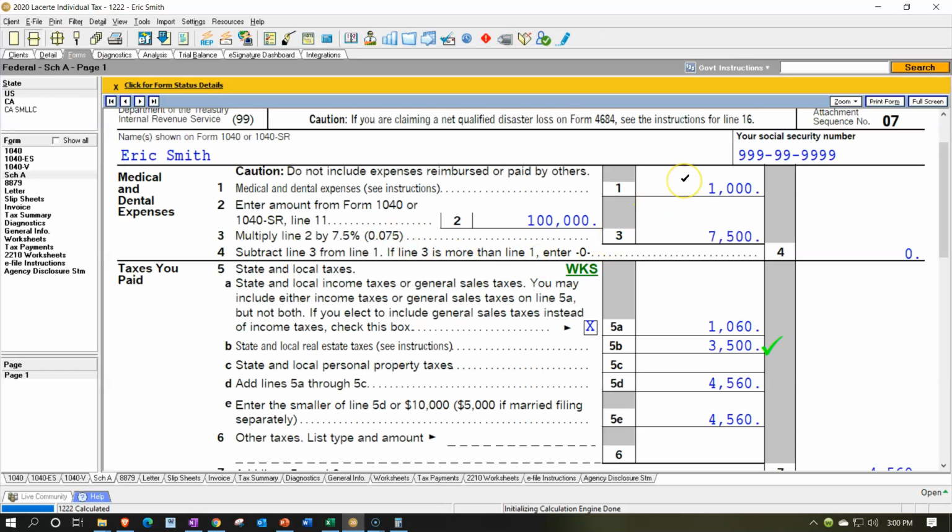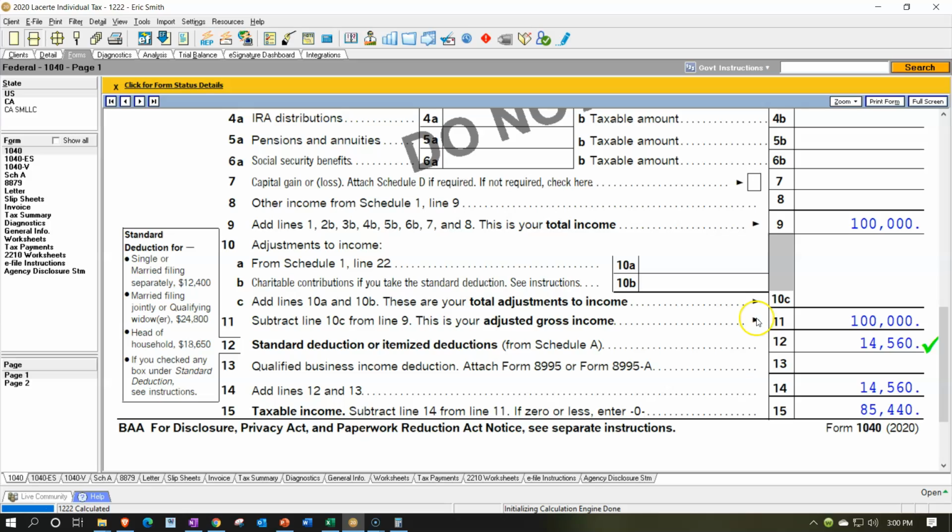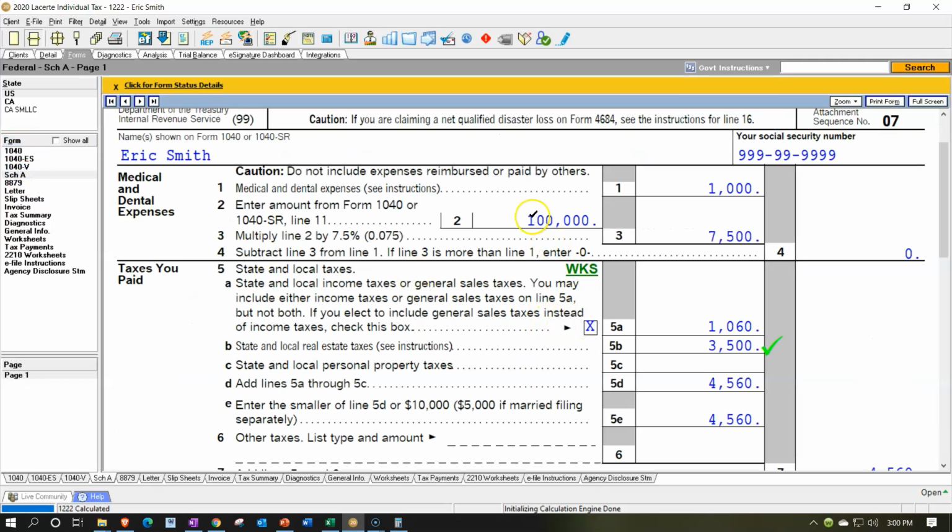So now we have the $1,000 that would have been deducted, but you can see it pulled over the 100,000, which is basically the adjusted gross income on line on the 1040. If I go to 1040, here's the adjusted gross income of the 100,000, basically pulling over here, and you're taking 7.5% of that.